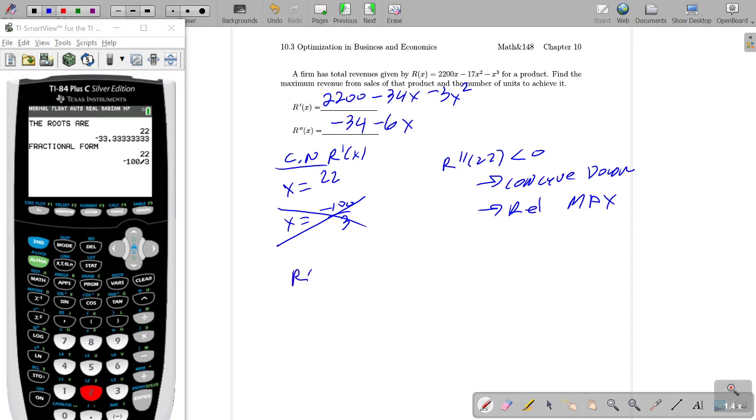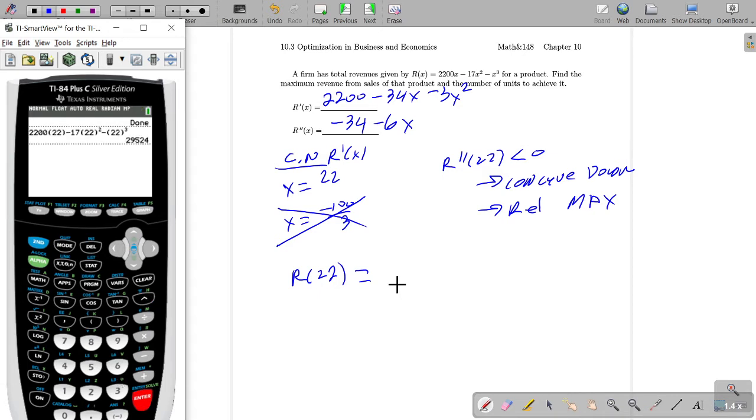So R of 22 is 2200 times 22 minus 17 times 22 squared minus 22 cubed.